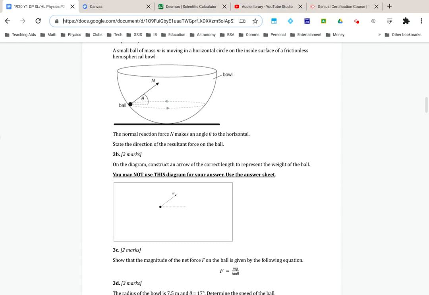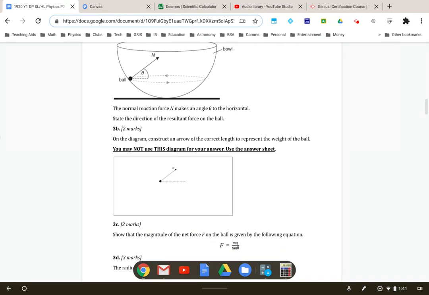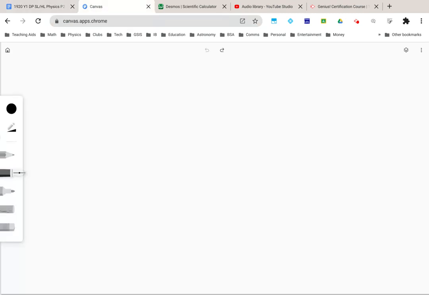Part B says on the diagram to construct an arrow of the correct length to represent the weight of the ball. Okay. So I will reproduce this diagram over here. So 3A, I won't write that out, but you have to say that the direction of the force is towards the center of the circle, not the bowl.